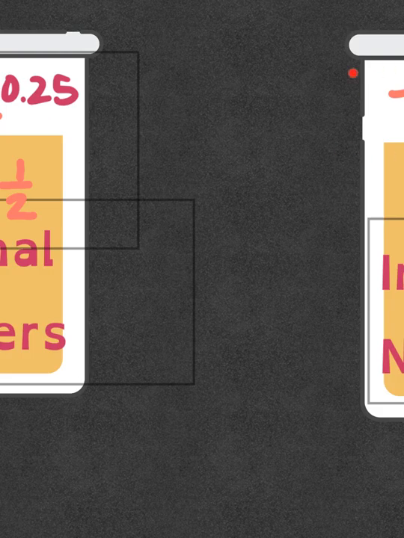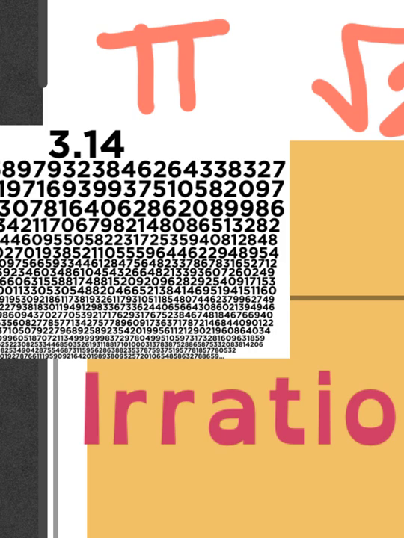For example, pi. Pi is a number that goes on and on and on forever and does not repeat its pattern. If a decimal is non-repeating and non-terminating, then it cannot be rewritten as a fraction, making it irrational.